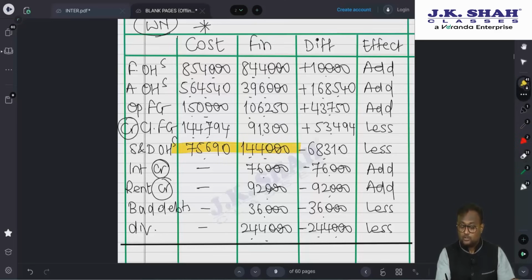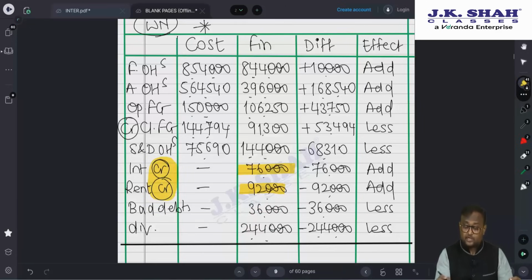Selling and distribution as per costing, as per finance. Difference is negative. It is to be subtracted. And then you have 4 items not recorded in costing but recorded in finance. Out of 4 items, first 2 are credit items. If first 2 are credit items, answer is negative.